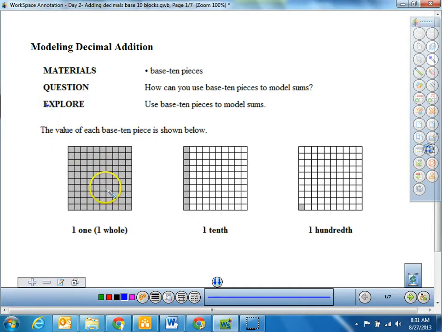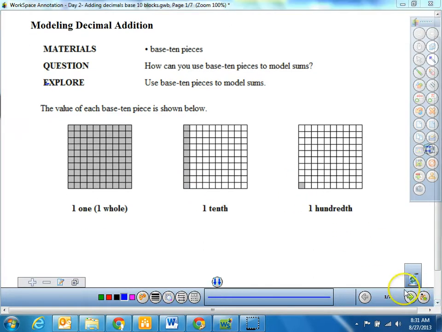That was the big blue one that we had yesterday. This represents 1. Then we had those long skinny orange ones. This represents 1/10. And then we had the little teeny tiny green squares, and that represented 100ths.